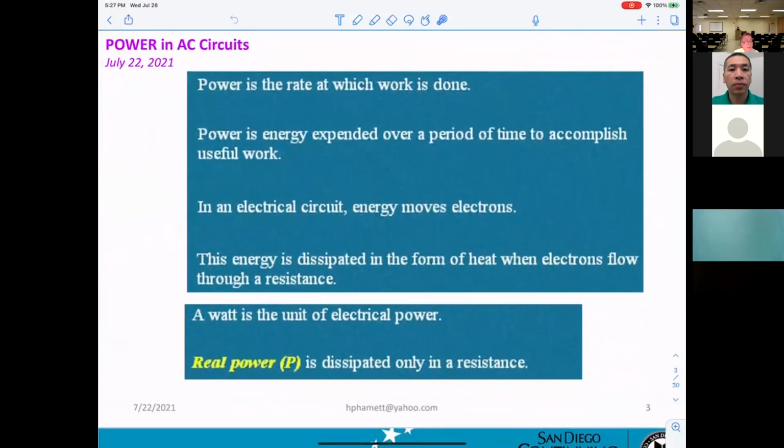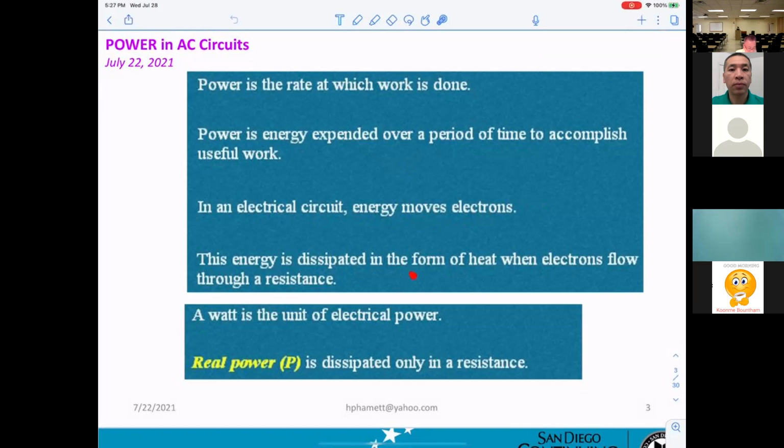Power is the rate at which work is done. Power is energy expended over a period of time to complete useful work. In an electrical circuit, energy moves electrons.